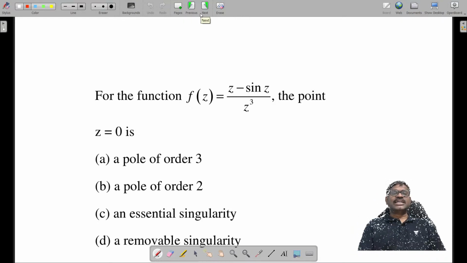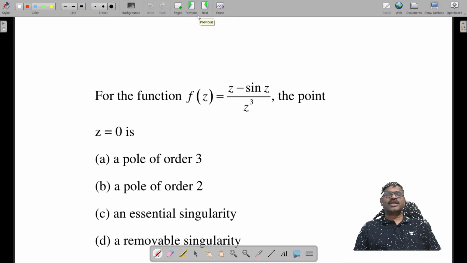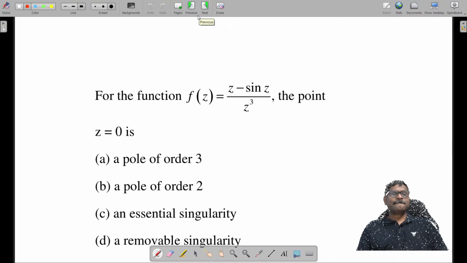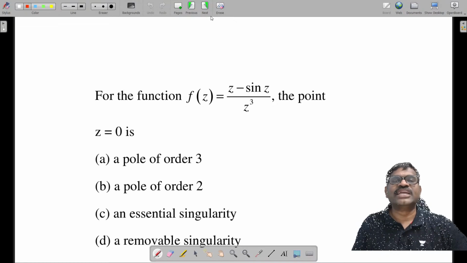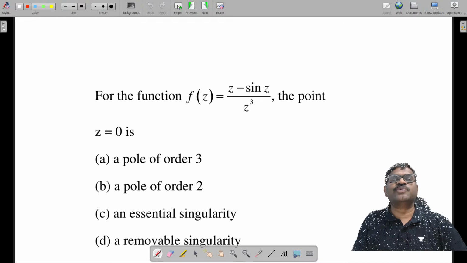The function z minus sin z by z cube at z equal to 0: pole of order 3, pole of order 2, essential singular or removable singular? Z minus sin z by z cube.